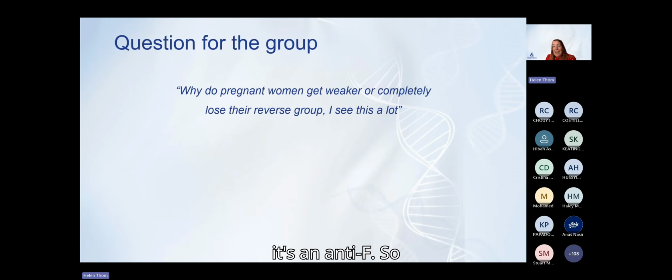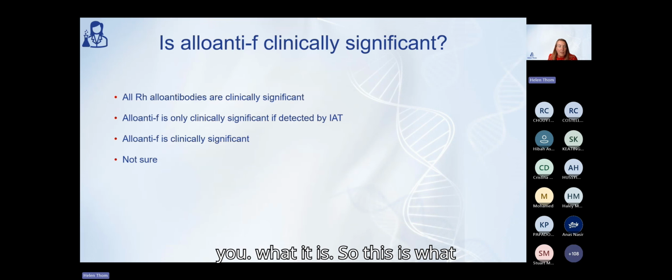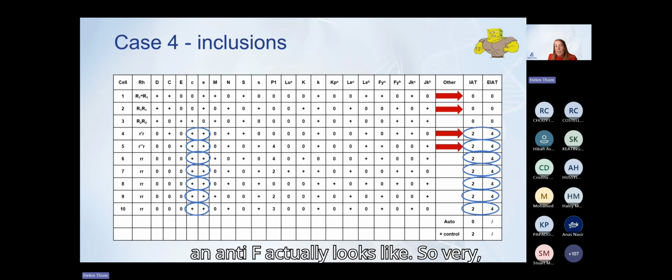But it's an anti-F. So just have a little think about that. You might want to have a look at F, but anti-F looks very much like anti-little c. I'll just see if I can flip back to the slides where I show you what it is. So this is what an anti-F actually looks like.